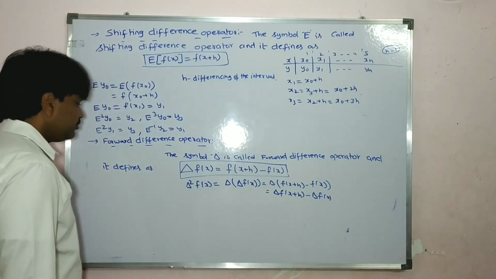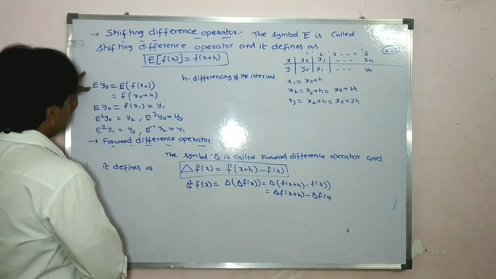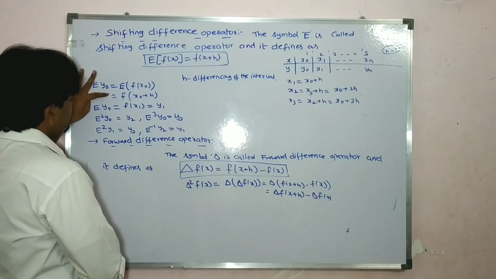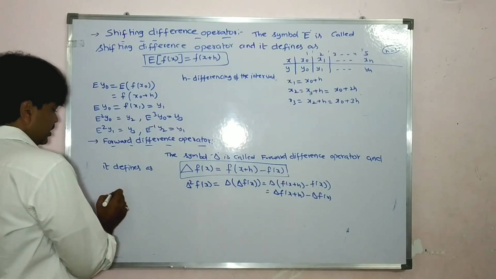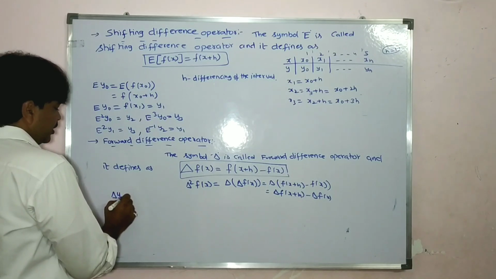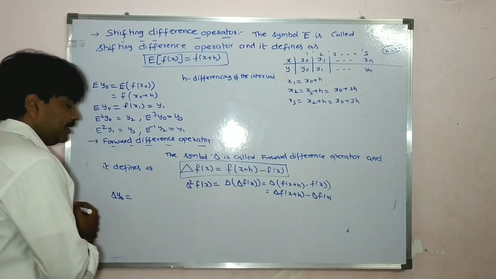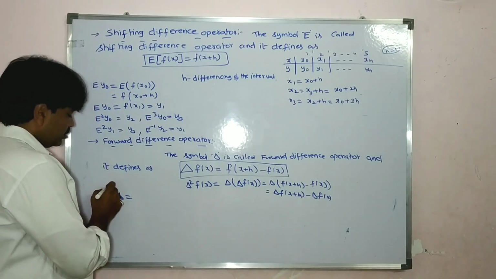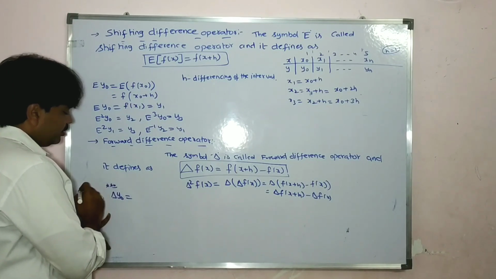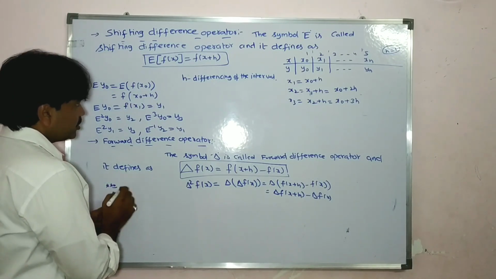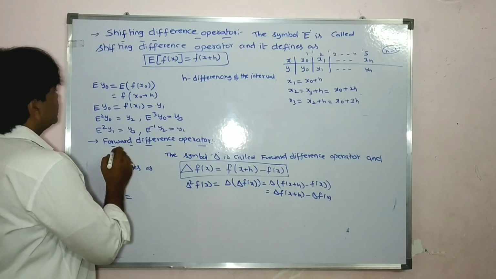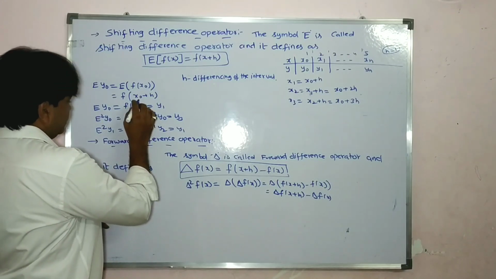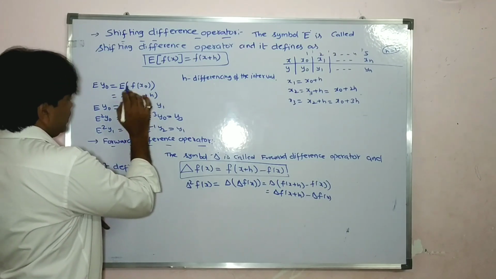Now, what we have done here, students? E y naught. Similarly, you take del y naught. This is very important, students. What is y naught? Y naught is f of x naught.